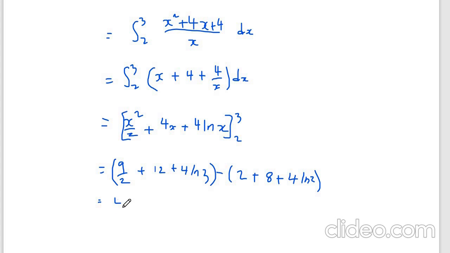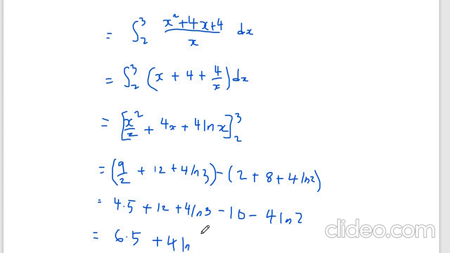So this is 4.5 plus 12 plus 4 ln 3, and then negative 10, negative 4 ln 2. So this will end up as 6.5 plus 4 ln 3 over 2.